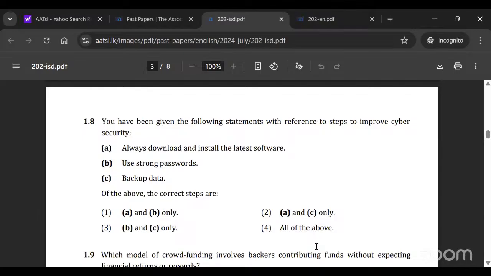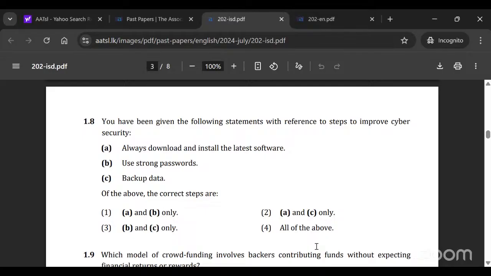You have been given the following statements with reference to steps to improve cyber security. Always download and install the latest software. Yes, that is very important, right? Software patches are very important. These software patches are closing security loopholes of the system.